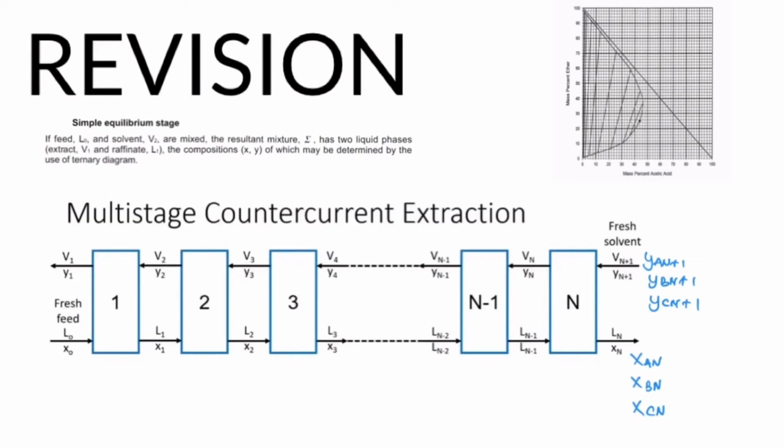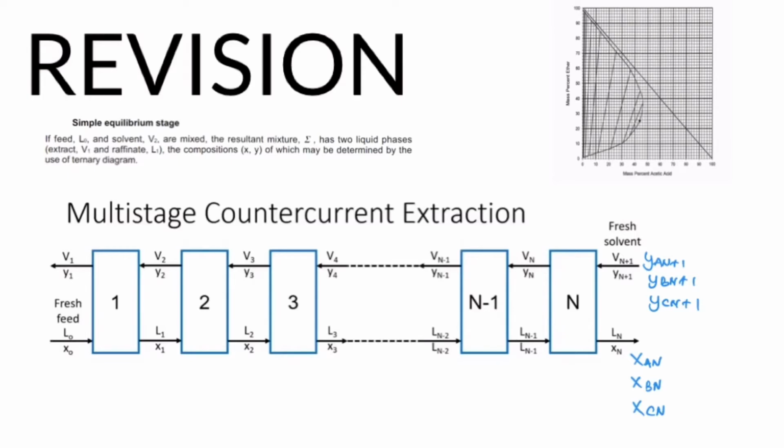The components in the solvent stream, Vn plus 1, are labeled as Yan plus 1 to represent the solute component, Ybn plus 1 to represent the diluent component, and Ycn plus 1 to represent the solvent component. Whereas the raffinate components are labeled as Xan to represent the solute component, Xbn to represent the diluent component, and Xcn to represent the solvent component.